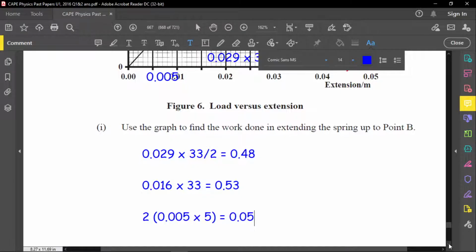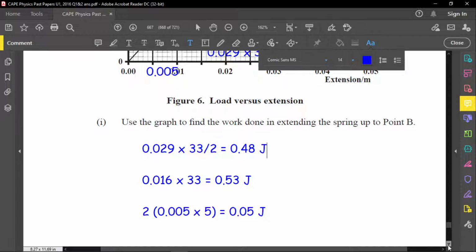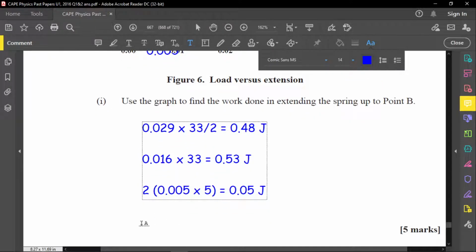And so to add up all of this now as a total, these are all in joules, because they're all the separate work done on each part. So this is also joule, this is also joule. I'm going to add up all these numbers now to get my final answer as the work done.